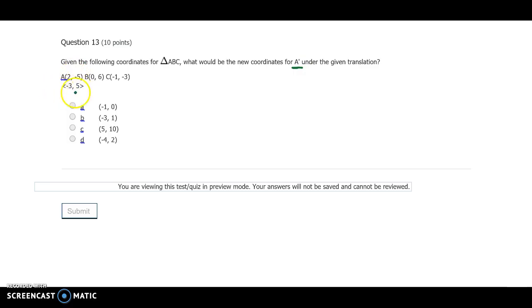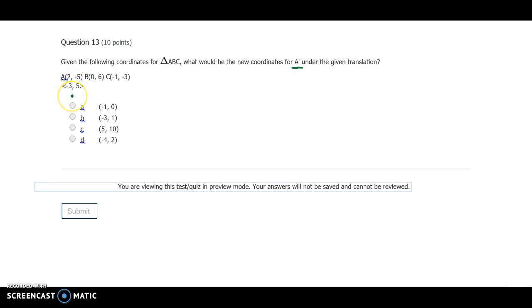And then they have what we call the translation vector. When we read this translation vector, it told us we're going to move to the left 3 spots on the X, so minus 3. And we're going to move up 5 spots on the Y-axis.